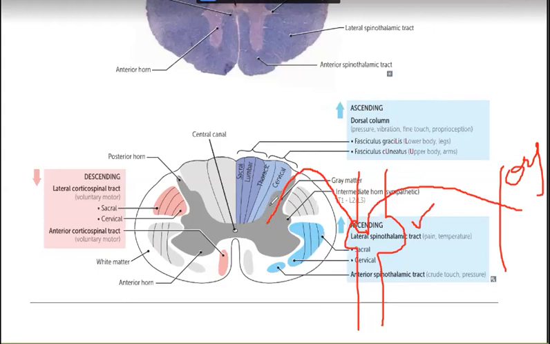If I have to draw it properly, then I will use this green color. Okay, let me draw it properly. From the effector organ we reach here, and from here we reach through these nuclei to this side.